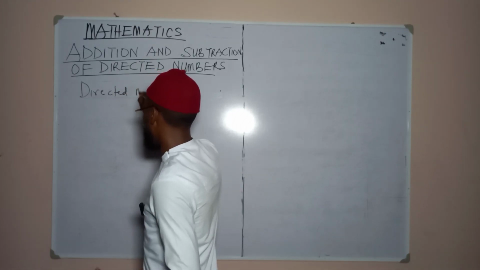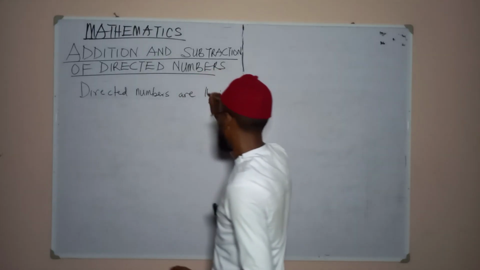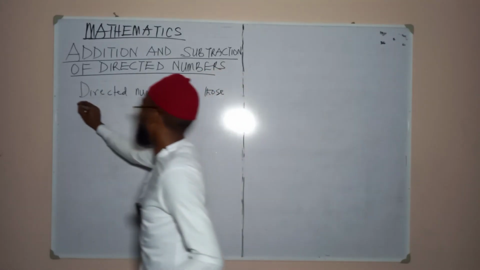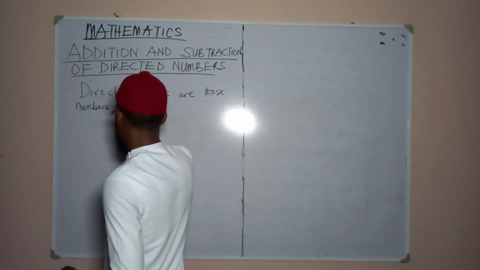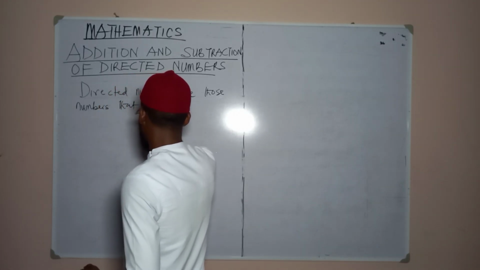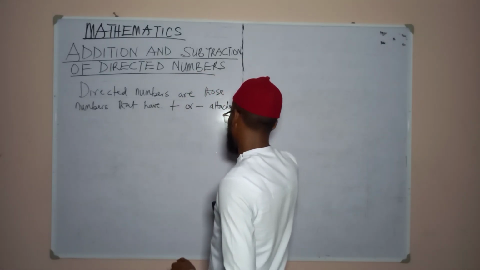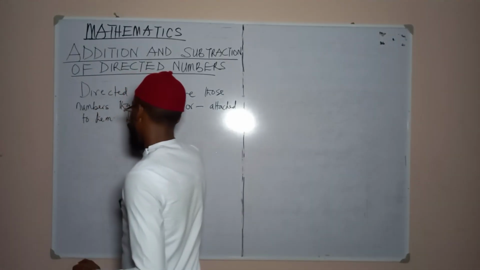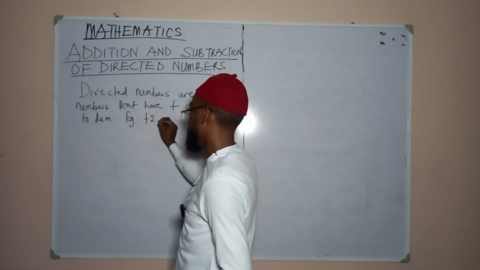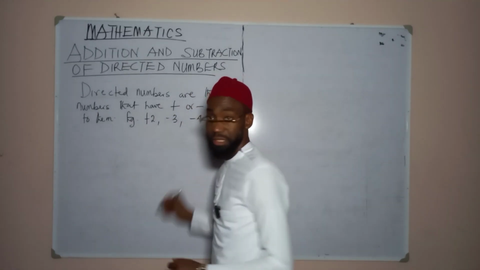That's what directed numbers are. Example, we have plus 2, minus 3, minus 4, etc.